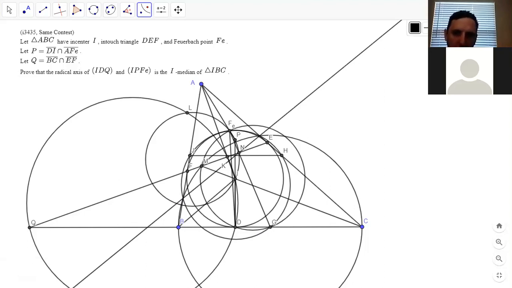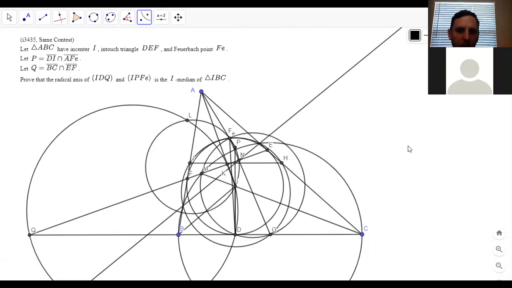Those are the feet of altitudes from B and C of the triangle ABC, and that line. Okay. And it kind of makes sense that N lies on that line since FE lies on the 9-point circle. Yeah, that makes sense.